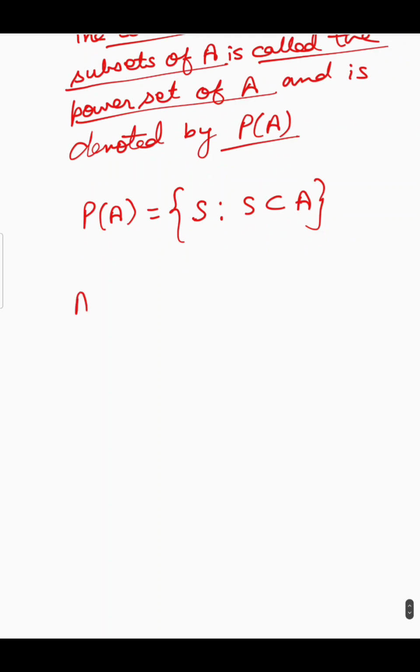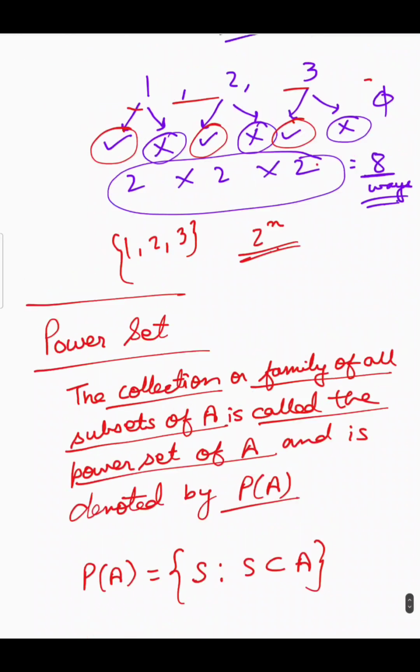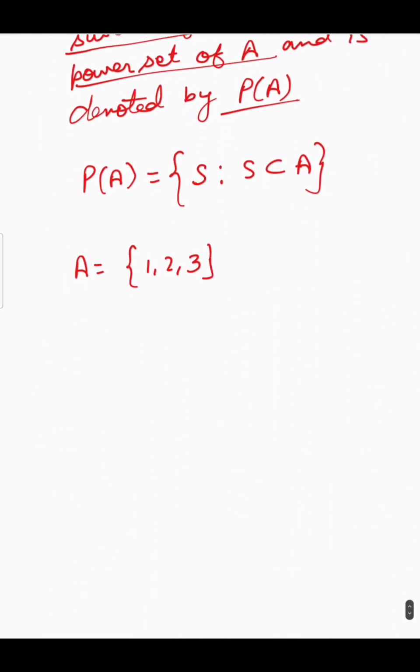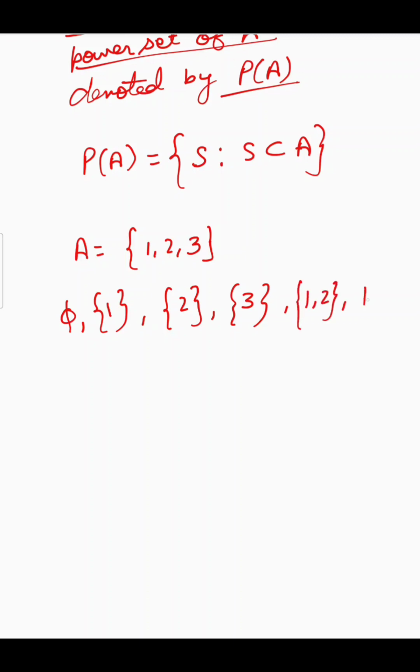Let's take an example. A = {1, 2, 3}. Then what will be the subsets of A? We have already done this, right? So it will be the empty set, {1}, {2}, {3}, {1, 2}, {1, 3}, {2, 3}, {1, 2, 3}. 1, 2, 3, 4, 5, 6, 7, 8.